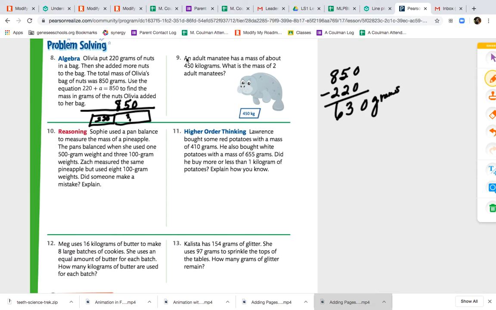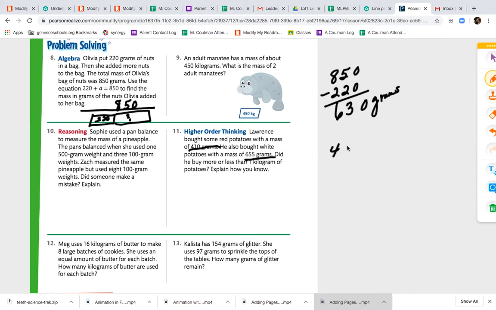Let's go ahead and take a look at number 11. Number 11 says, Lawrence bought some red potatoes with a mass of 410 grams. He also bought white potatoes with a mass of 655 grams. Did he buy more than a kilogram of potatoes? Well, let's think about this.